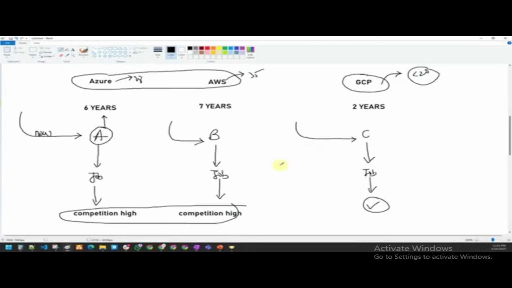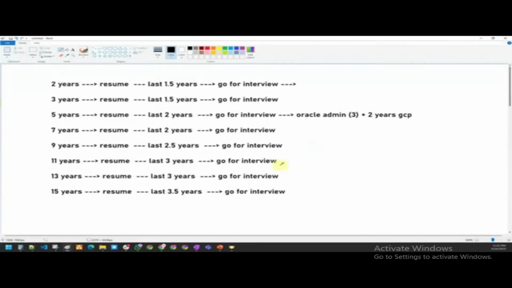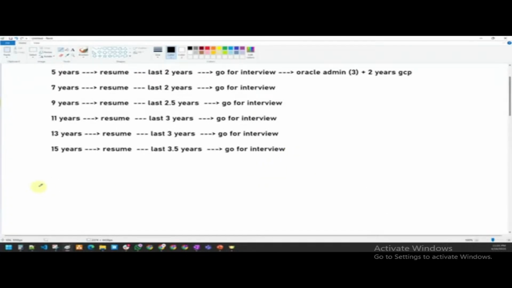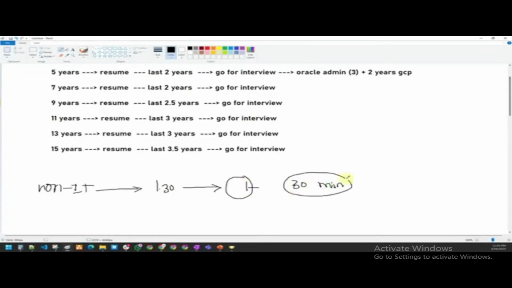Whoever you are, I'm just telling you, whether you are coming from a non-IT background, if you have at least 1.5 hours a day, 1 hour for attending the live session and 30 minutes for practice, I'm telling you guys, 30 minutes for practice is very important. If you have 1.5 to 2 hours every day on a daily basis, I'm telling you, after 3 months you can easily crack the job.